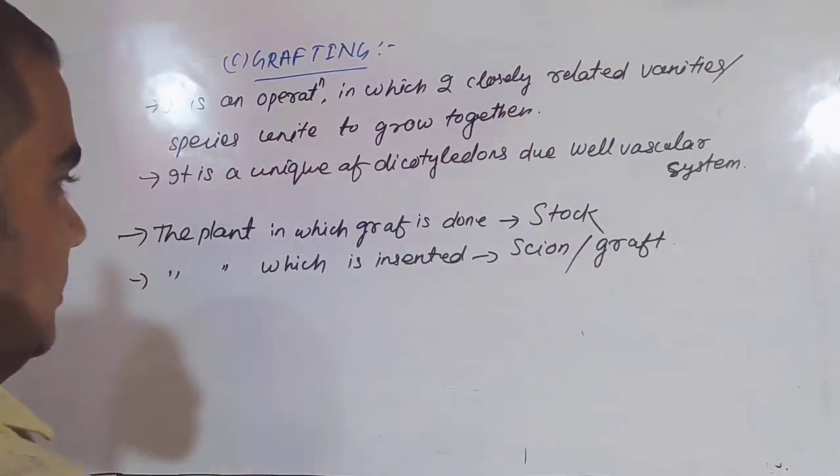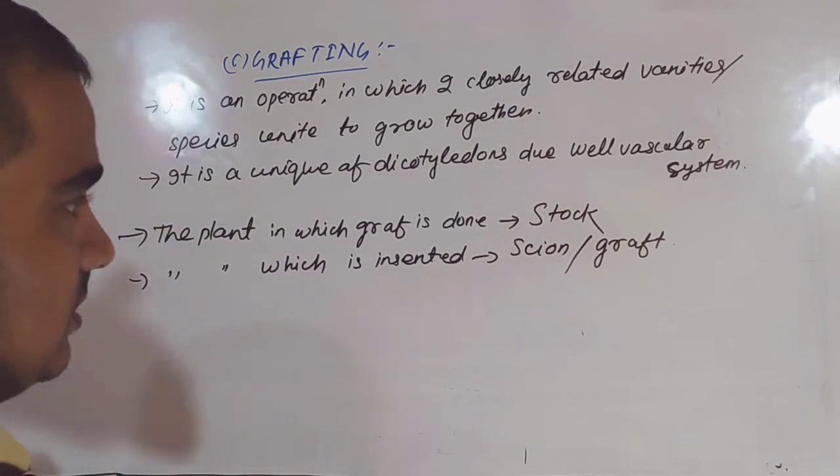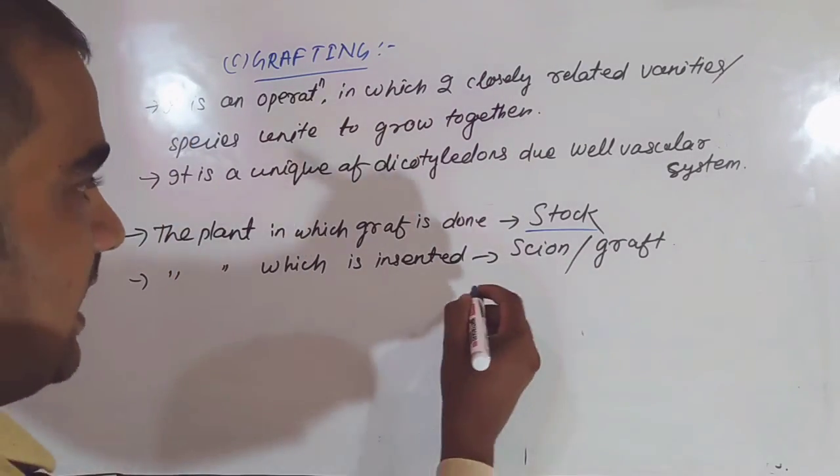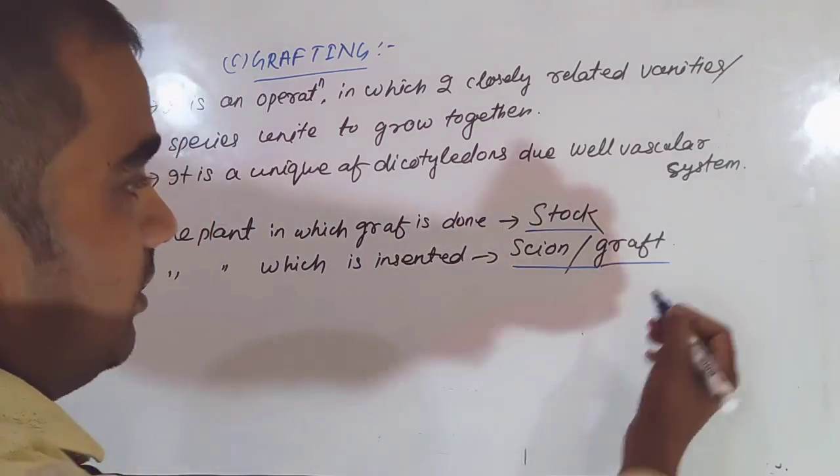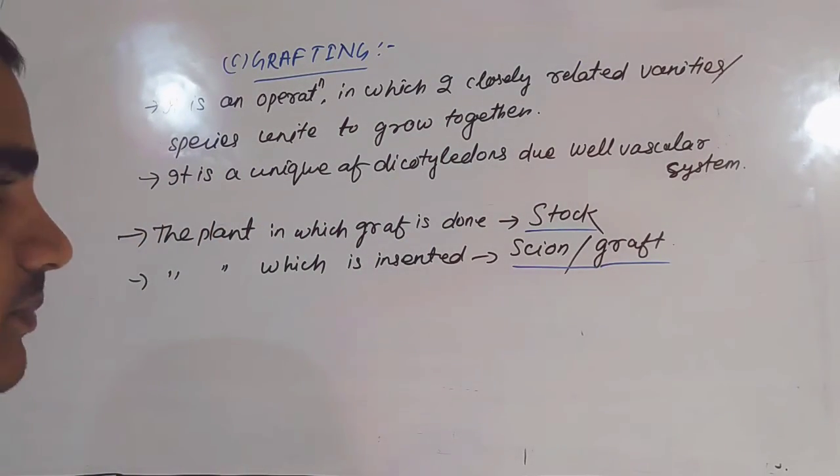Important thing: the plant in which the graft is done is known as the stock, and the plant which is inserted in the stock is known as the scion, or we can call it the graft.